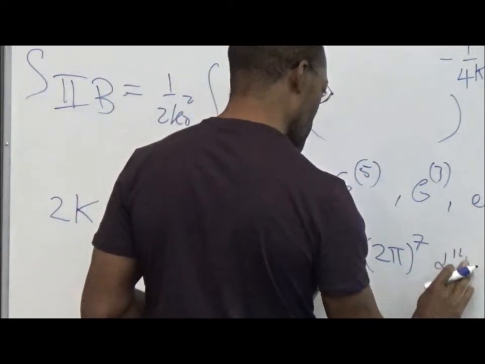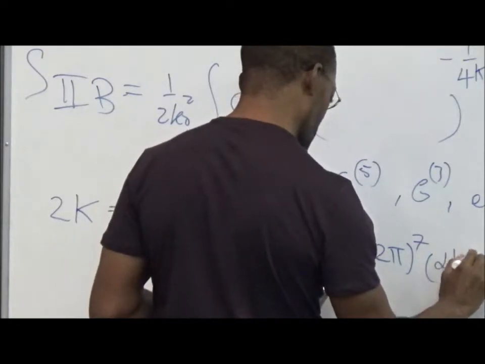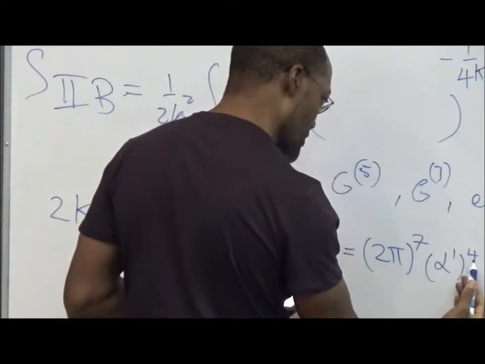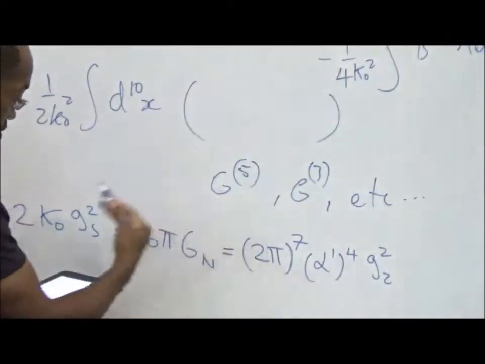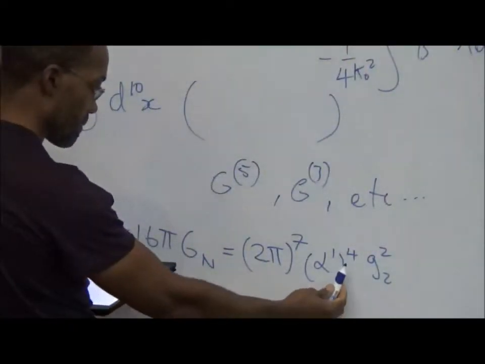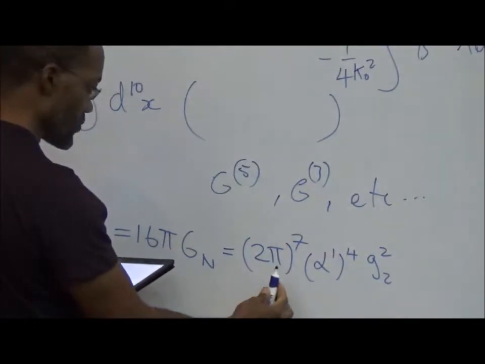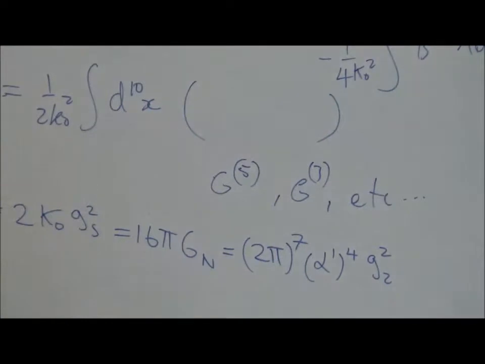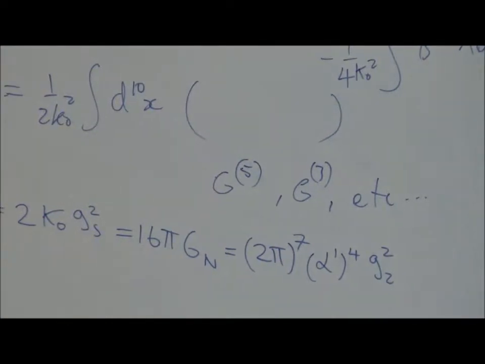Right, there's specific values of the constants of the physics. So this alpha prime raised to the power 4, as it should be just for dimensions, the right length dimensions of Newton's coupling, and then there's a 2 pi to the 7 in the conventions that hopefully now everybody uses.